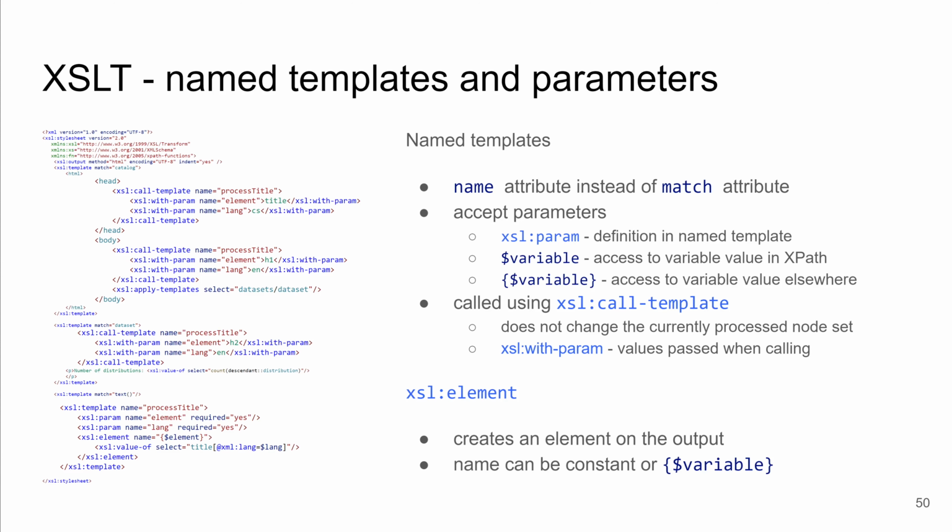A new piece of syntax here is the variable syntax, where whenever we use a variable in an XPath expression, we use the $ and the name of the variable. And whenever we want to use a variable in attributes which do not expect an XPath expression, we enclose the $ variable in curly braces, which you can see in the XSL element example in the lower part of the slide.